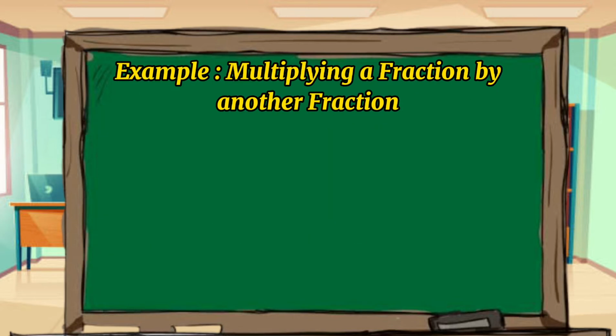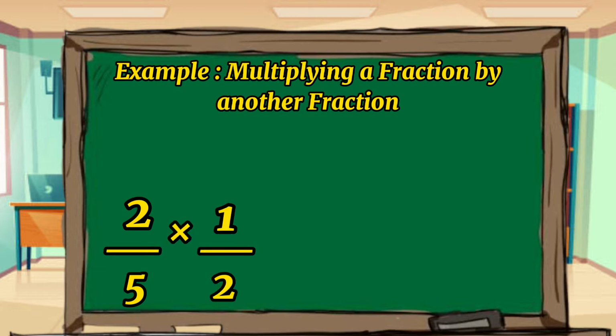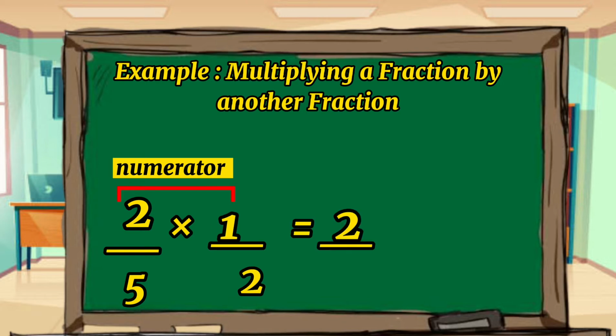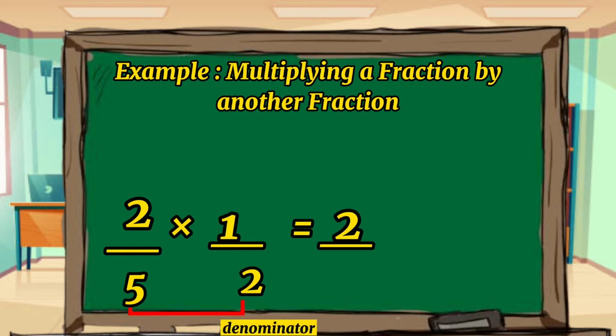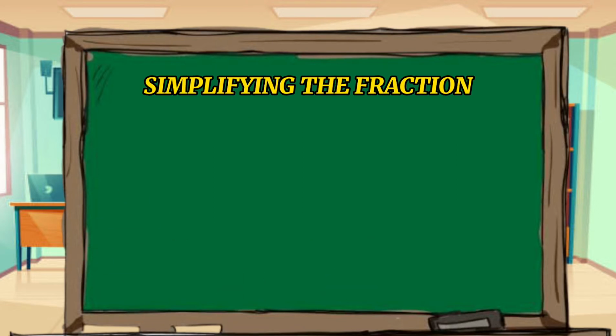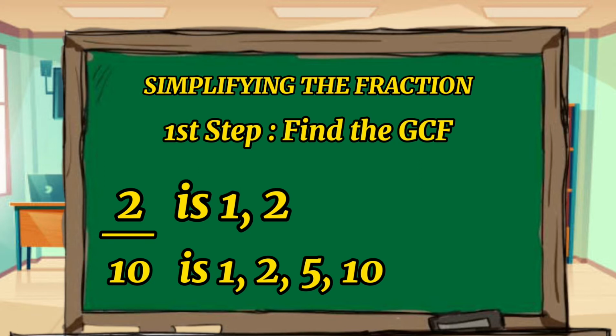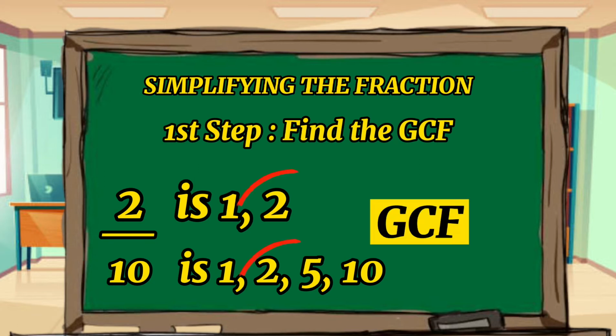Here is another example. 2/5 times 1/2. Numerator first, 2 times 1 equals 2. Next, the denominator. 5 times 2 equals 10. Let's simplify the 2/10. The GCF of 2 and 10 is 2.